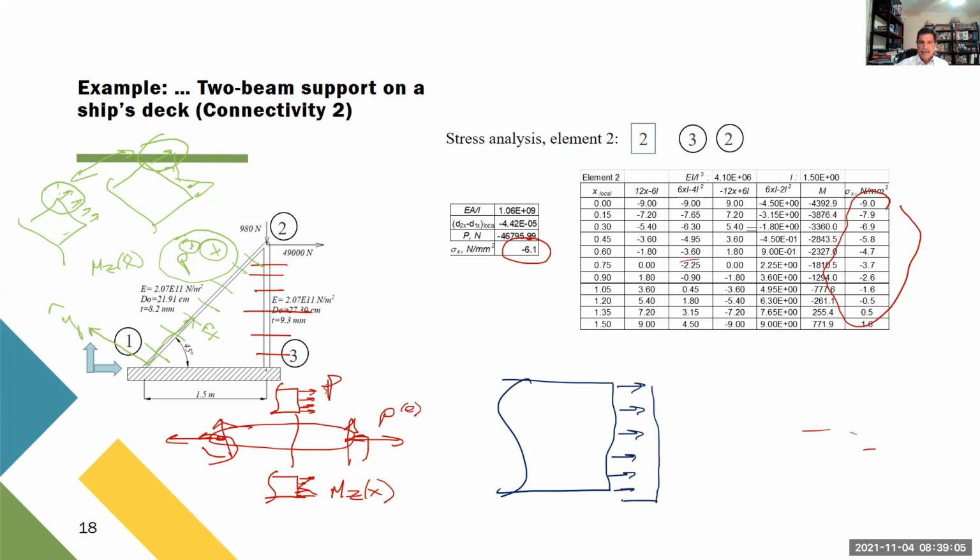This is normal stress because of P. And we have to add normal stress because of bending moment. And you see that if I ask for the value of the stress here, for example, at the top, we're going to have this value, which is positive, minus this value, which is negative.